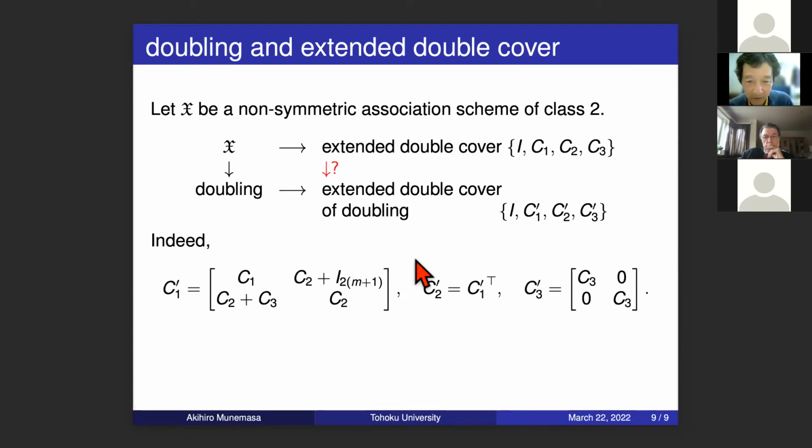Well, after some calculation, this can be described easily. The extended double cover of a doubling can be described in terms of the adjacency matrices C1, C2, C3 of the extended double cover.